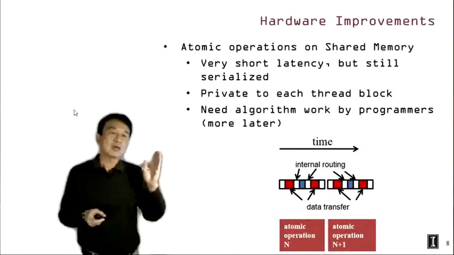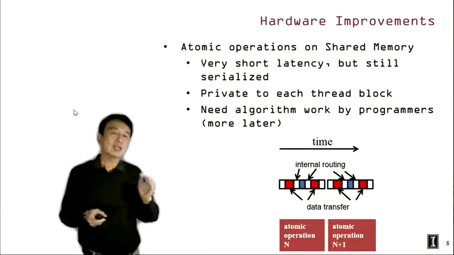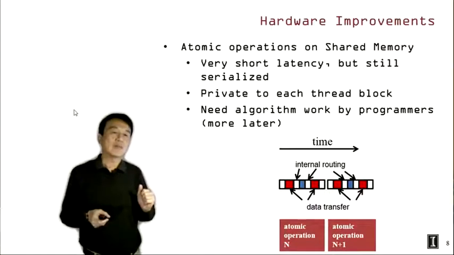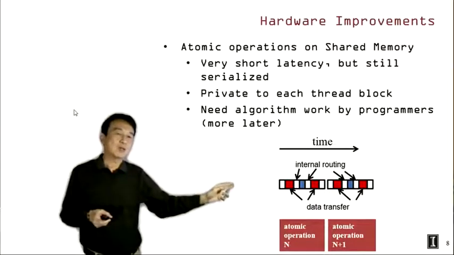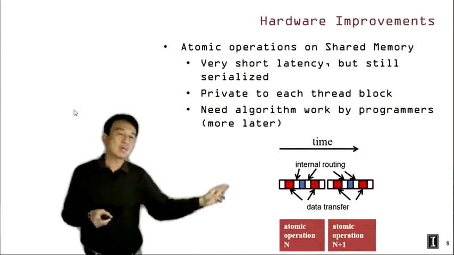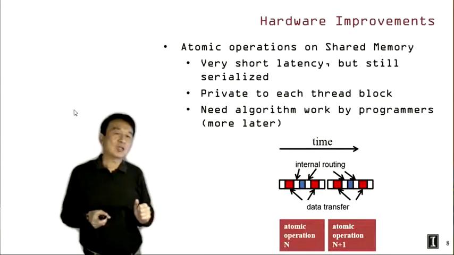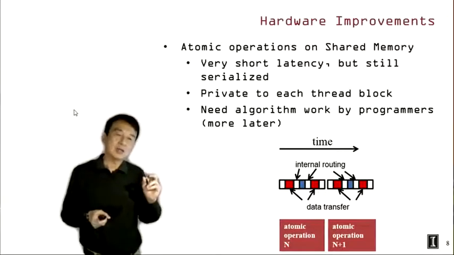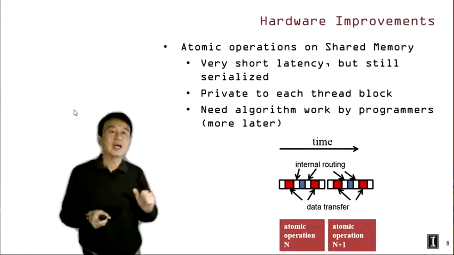And so 1 over that latency is going to give us the throughput. However, all the threads still need to be serialized, so we will still have the exposed latency. It's just that the latency got even shorter. This is shown by a much shorter internal routing latency and an even shorter storage access delay.